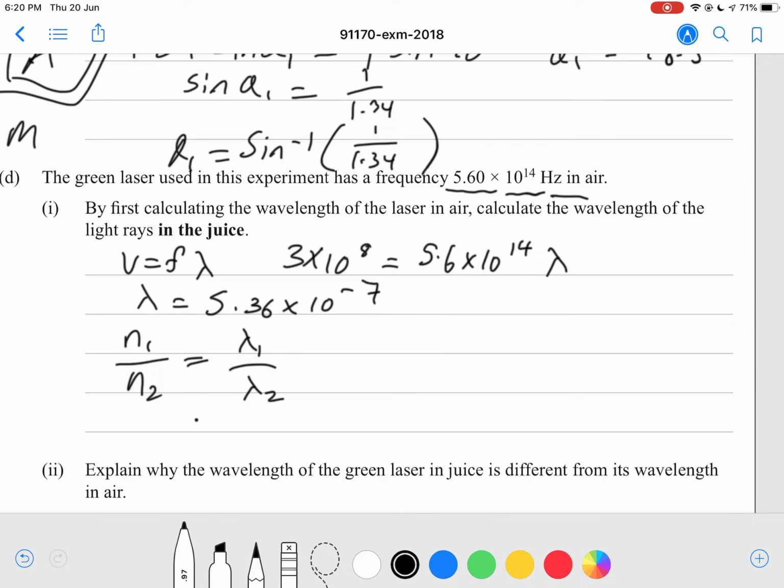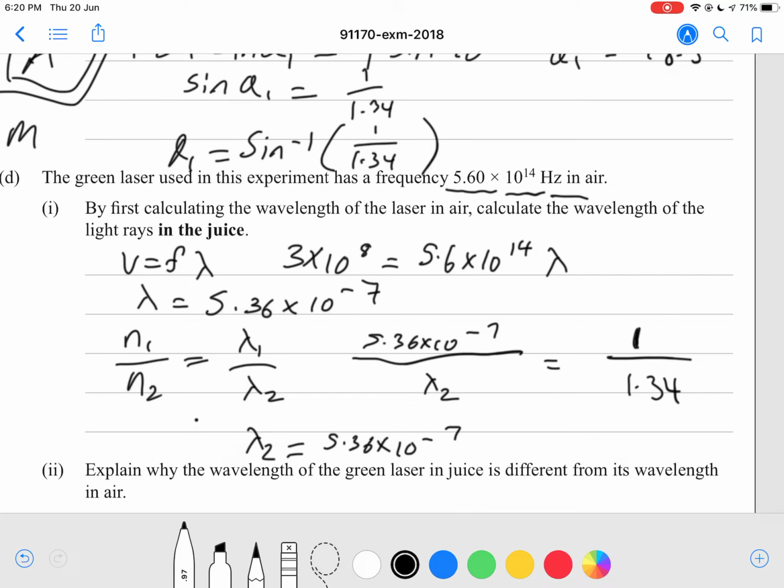The wavelength of the laser in the air is 5.36 times 10 to the power of -7, divided by an unknown wavelength, lambda 2, equals our refractive index of 1 in air over our refractive index of 1.34 in the juice. Therefore lambda 2 equals 5.36 times 10 to the power of -7 times 1.34.